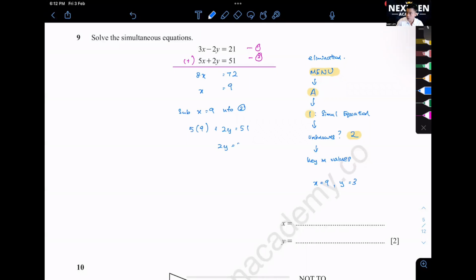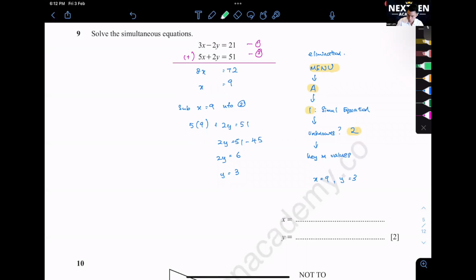You'll get 2y equals 51 minus 45, which is 6. Therefore, y equals 6 over 2, which is 3. So I got these two answers: x equals 9 and y equals 3.